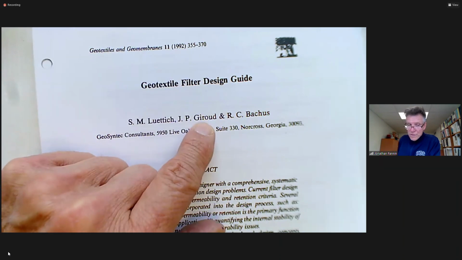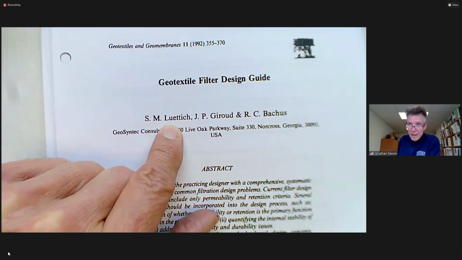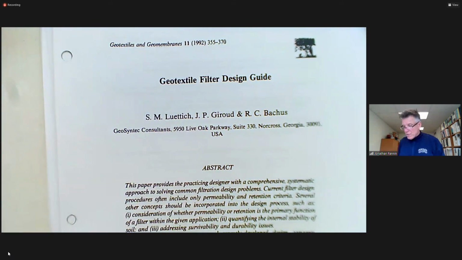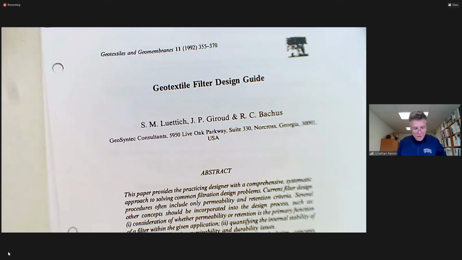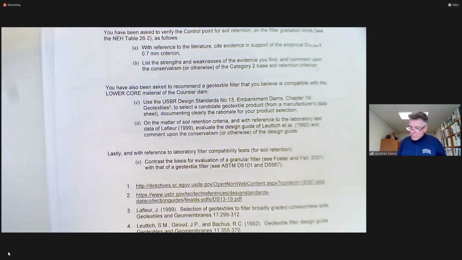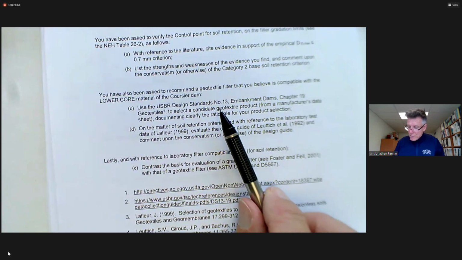Giroux is a very knowledgeable individual. Scott Lutich, who ran the lab there, was a very, very astute materials-oriented kind of guy. And that's embedded in the Reclamation guide. So I ask you to look at speccing a geotextile according to US Bureau.